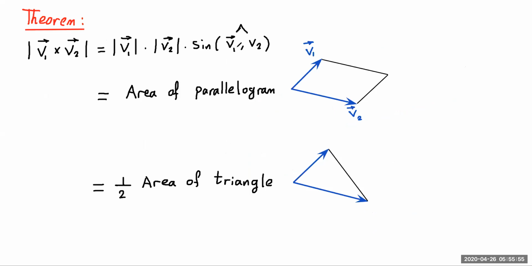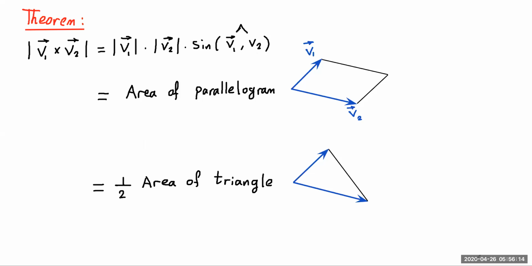So in the particular case, if I suppose that theta between V1 and V2 is 90 degrees, so V1 is orthogonal to V2, then sine 90 is 1. So the length of V1 cross V2 equals length V1 times length V2.